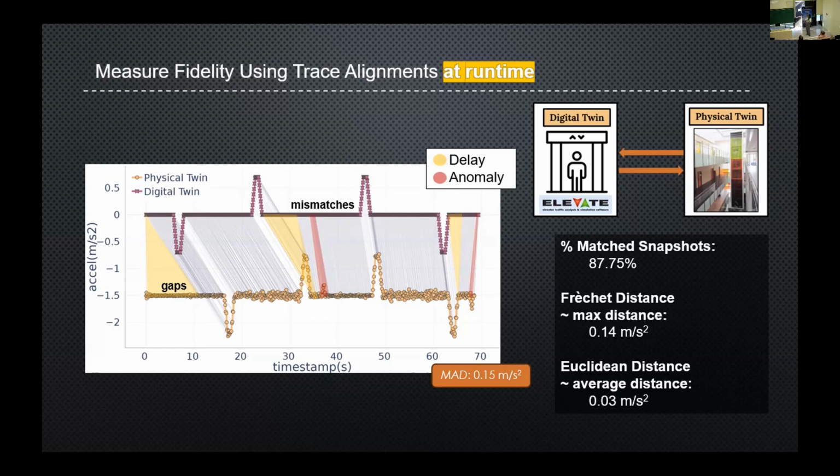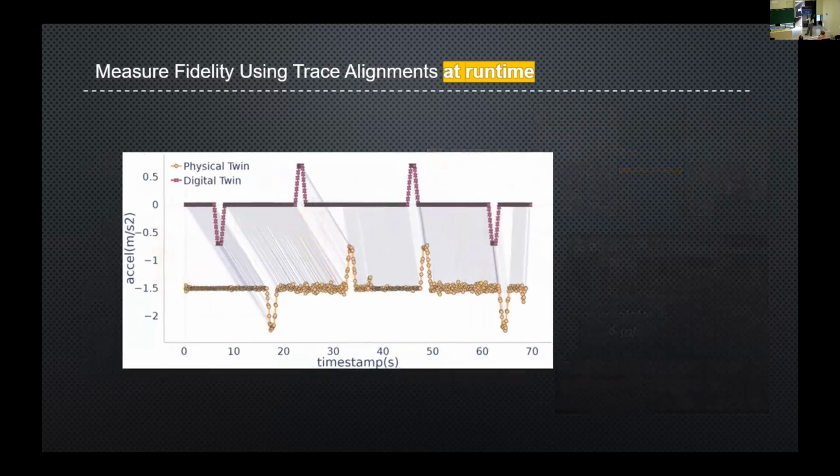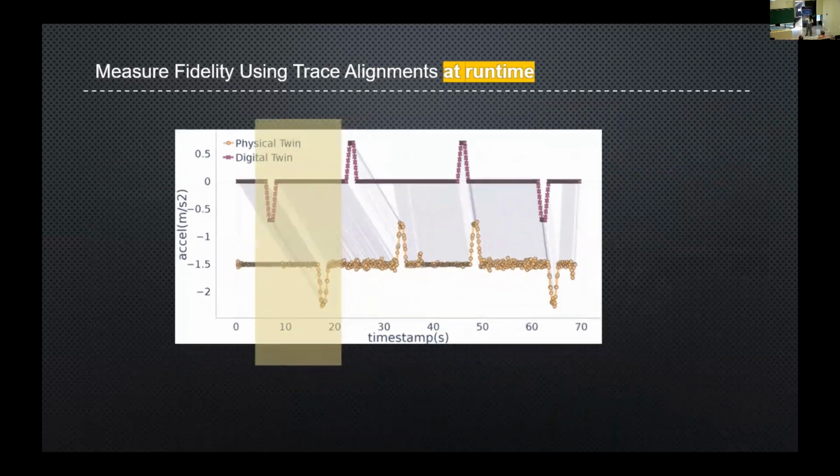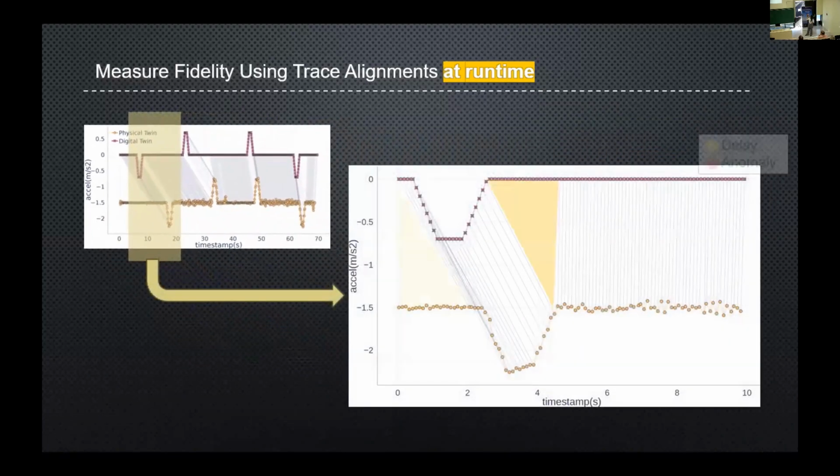And that could be an anomaly, but it's actually a normal characteristic of that elevator, because they include an additional acceleration just to improve the user experience. But let's slice this and apply sliding windows. So if we take 100 snapshots from here, this is the alignment we get, and we can still detect the delay.